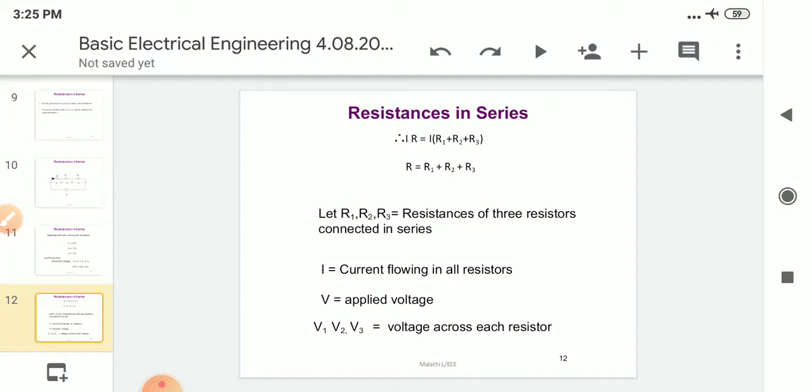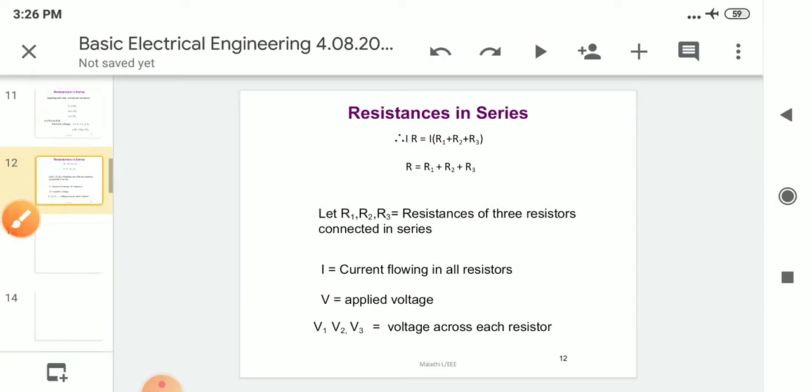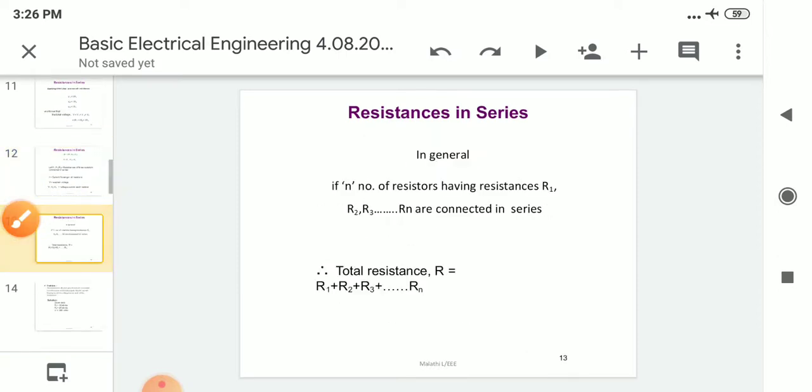Cancel this I. Then R is equal to R1 plus R2 plus R3. This is the resistance of three resistances connected in series. I is the current flowing in all the resistances, V is the applied voltage, and V1, V2, V3 are the voltages across each resistance.